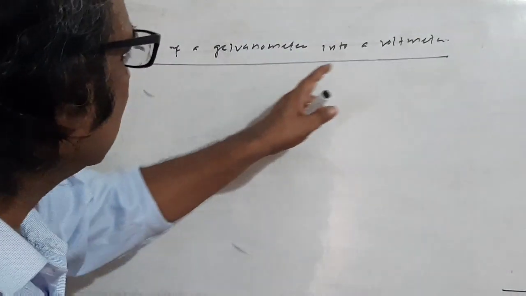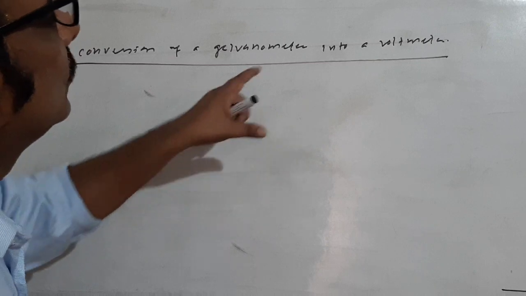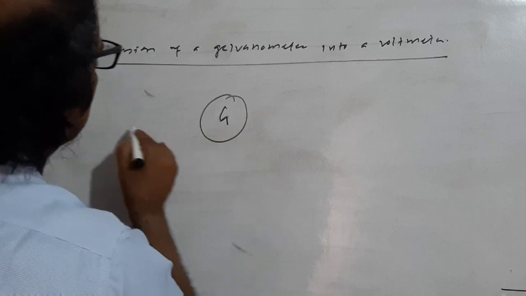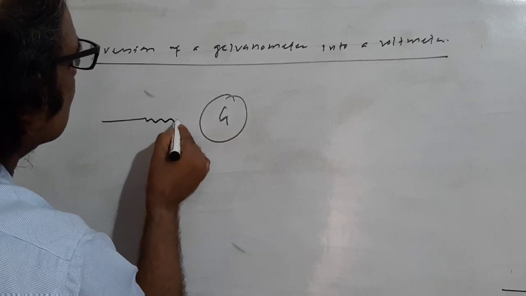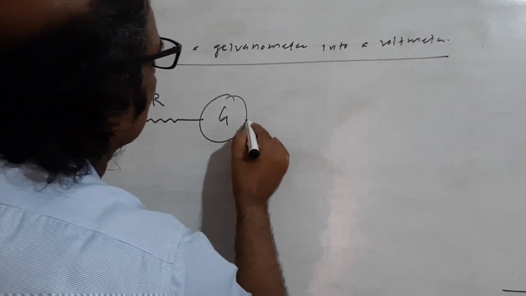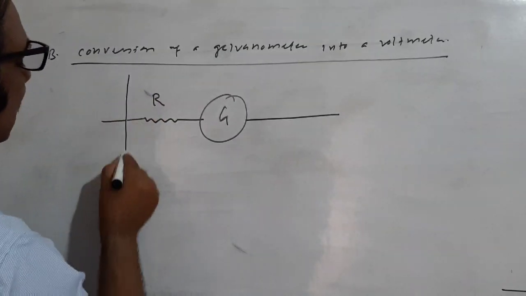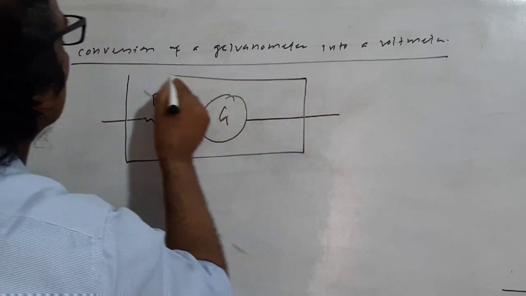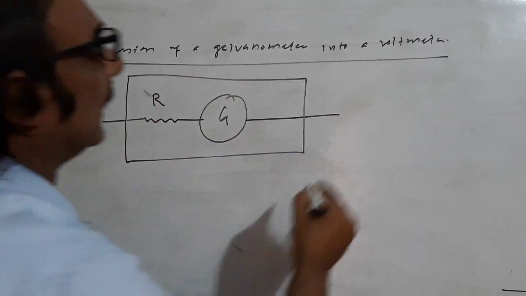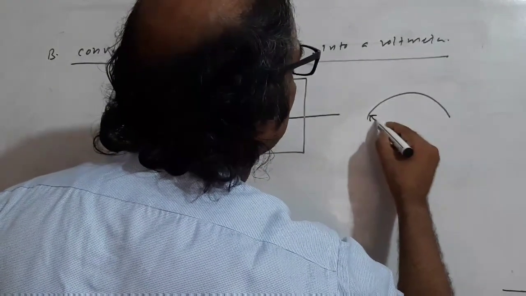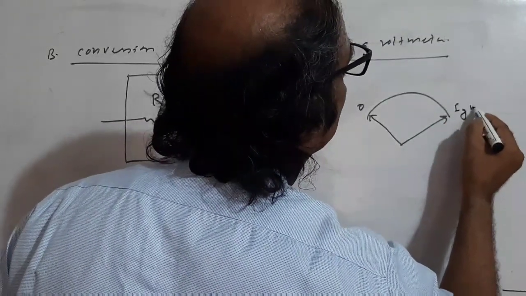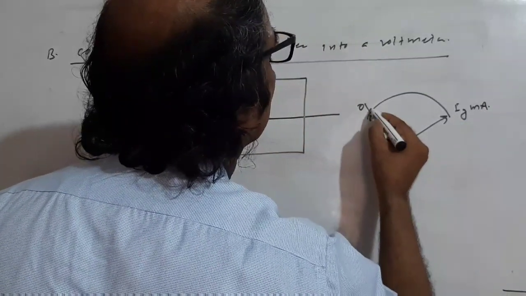To convert a galvanometer into a voltmeter, a very high resistance, capital R, is connected in series with the galvanometer, then it is converted into the voltmeter. The full scale deflection of the galvanometer is 0 to Ig milliampere.